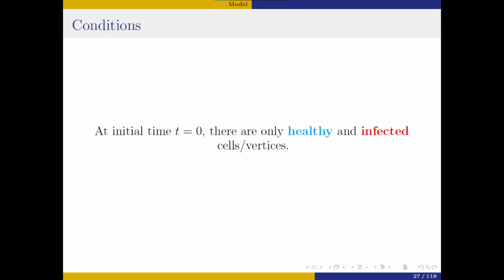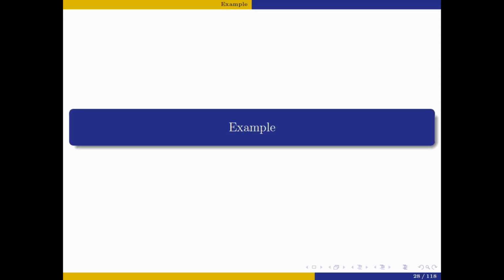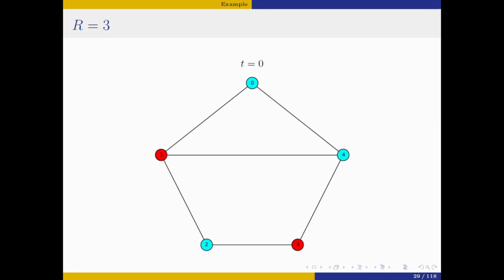A condition of the model is that at our initial time t equals 0, there will only be healthy and infected vertices. Let's look at an example. We have the following graph of 5 vertices with 3 healthy vertices and 2 infected ones.